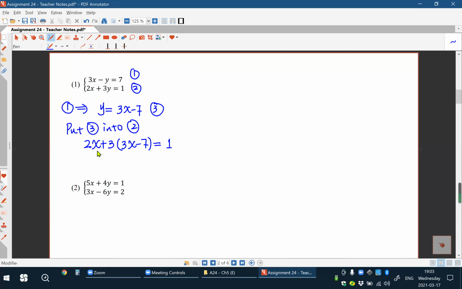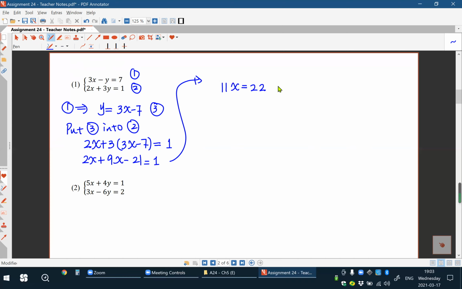And then you get a one variable, one equation. So from here, you can solve the value of x. Okay, so this gives you 2x plus 9x minus 21 equals 1, right? Okay, then from here, you can get 11x equals 22.